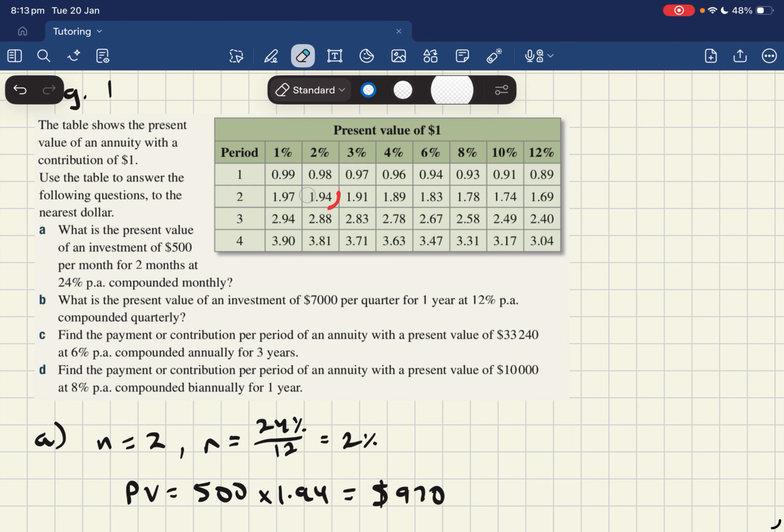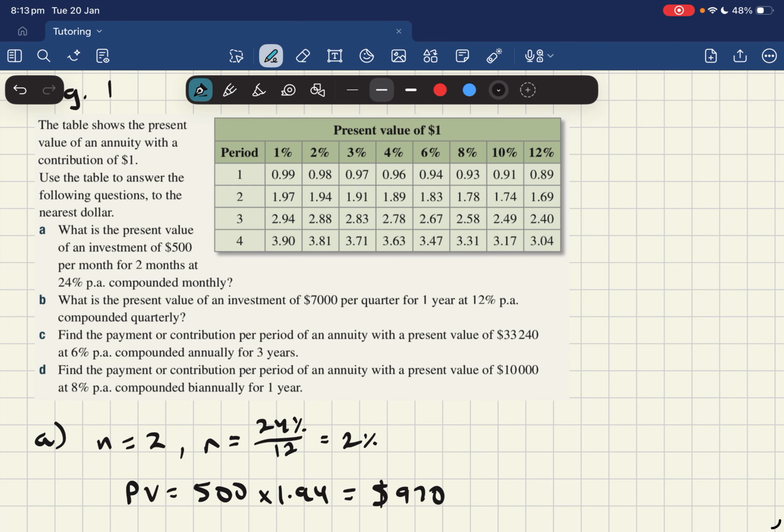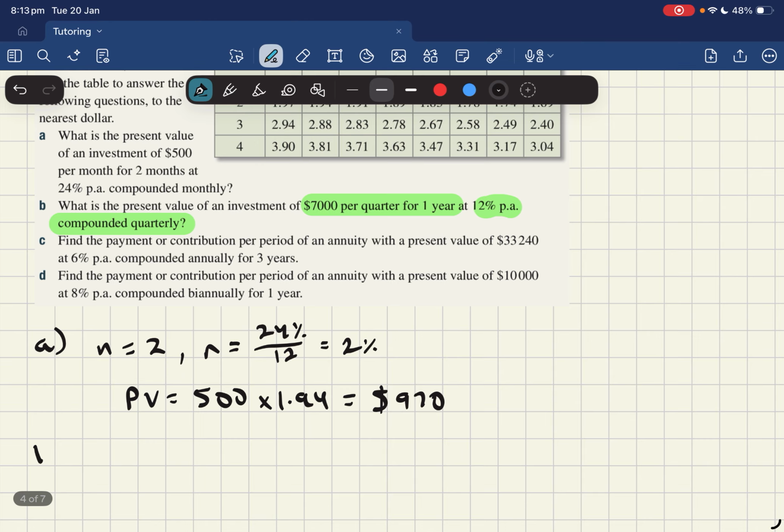Okay, let's try another one. Part B is saying, what is the present value of an investment of $7,000 per quarter for 1 year? Let's just underline all the important information. So $7,000 per quarter for 1 year at 12% per annum, compounded quarterly. Okay, so the quarterly thing is a theme here in this question, but we have per quarter for 1 year.